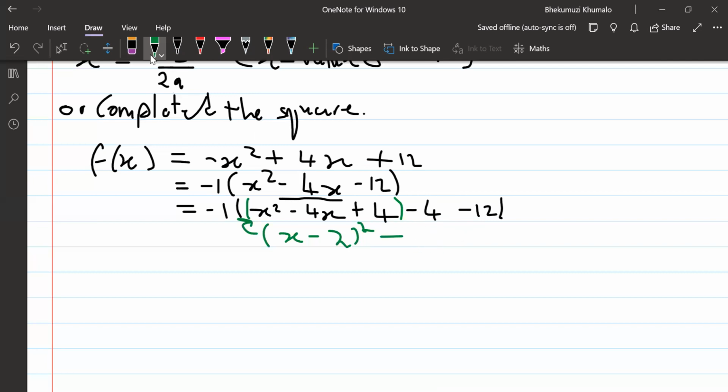But it's still all being multiplied by the negative outside. So when we multiply inside, we get minus x minus 2 all to the power 2 plus 16. Now we've completed the square.